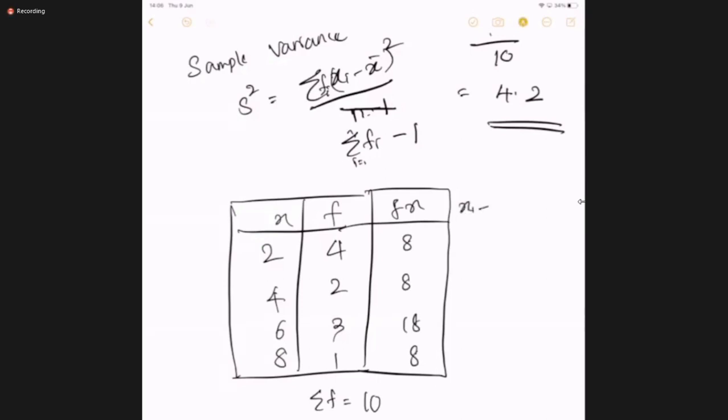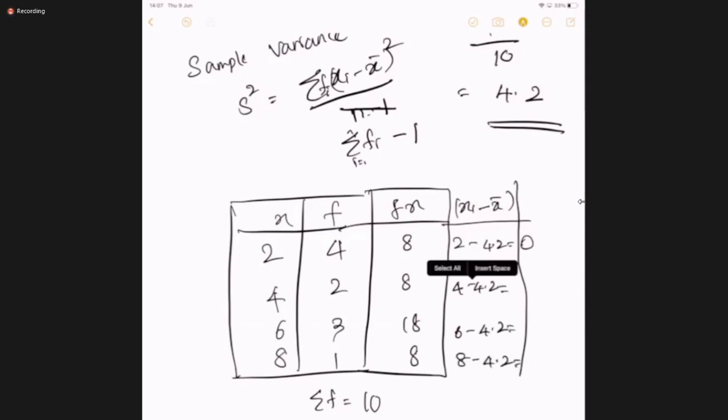Therefore, we write xi minus x bar. 2 minus, what was our mean? 4.2. Then 4 minus 4.2, 6 minus 4.2, finally 8 minus 4.2. So here we have obtained our xi minus x bar values.